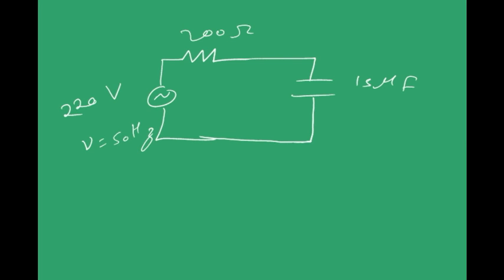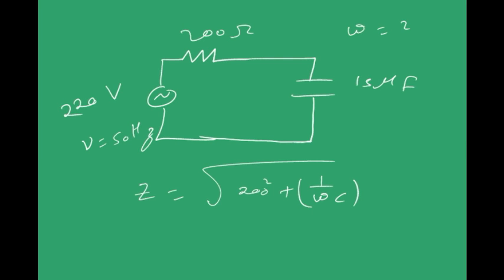Okay, the net impedance will be root of R square, that is 200 square, plus what? Here you don't have any inductor, right? So anyways, XC you have to take, which will be 1 by omega C. Now I have to calculate omega. What is omega? 2 pi frequency.